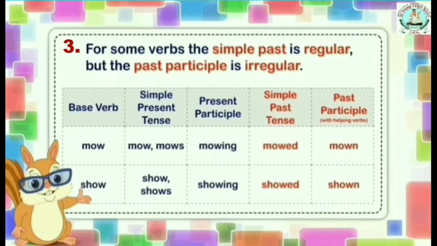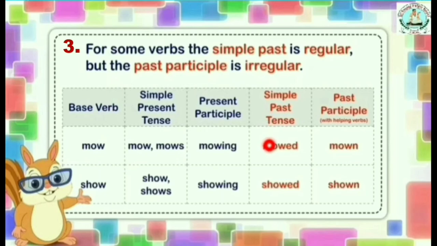And next, third rule. Look here. For some verbs, the simple past is regular, but the past participle is irregular. So some verbs follow these rules. For example, base verb, observe here, move.